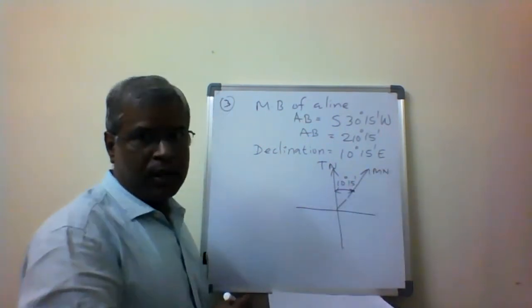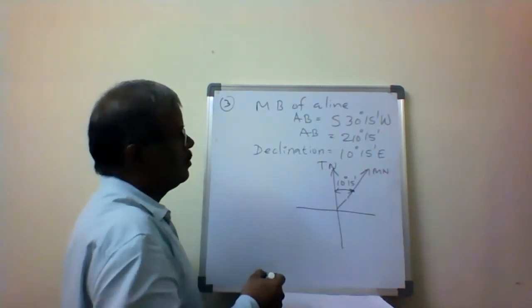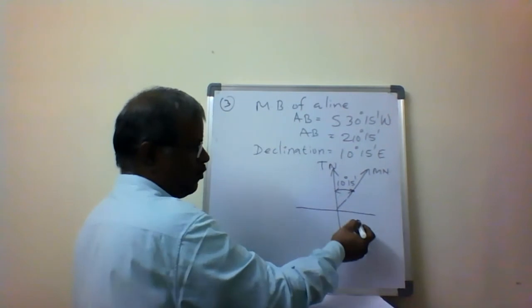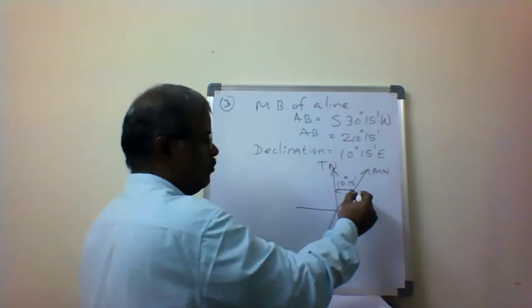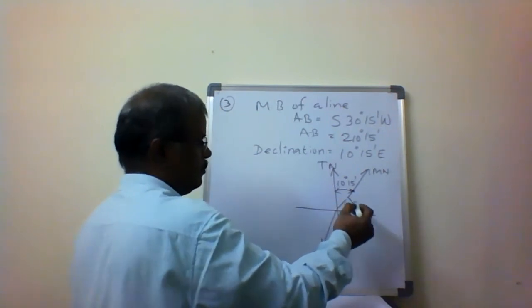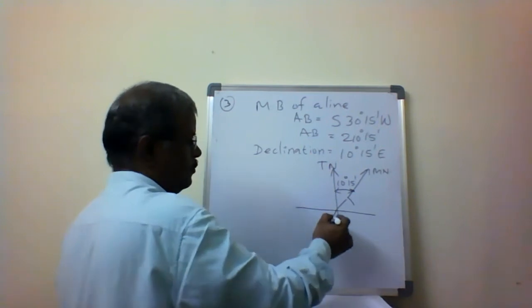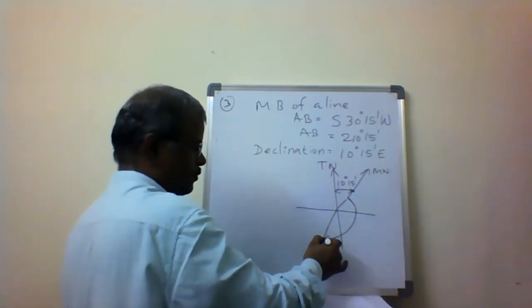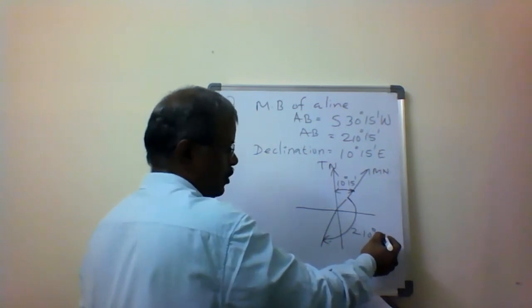This is magnetic north. The magnetic bearing is given from magnetic north: 90, 180, so this is 210 degrees 15 minutes.